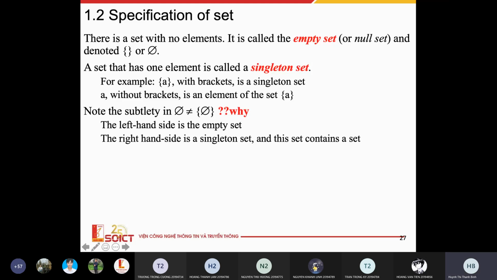For the last row, the left-hand side is the empty set, but the right-hand side is the singleton set, and this set contains a set inside. So there is a difference between the two notations.